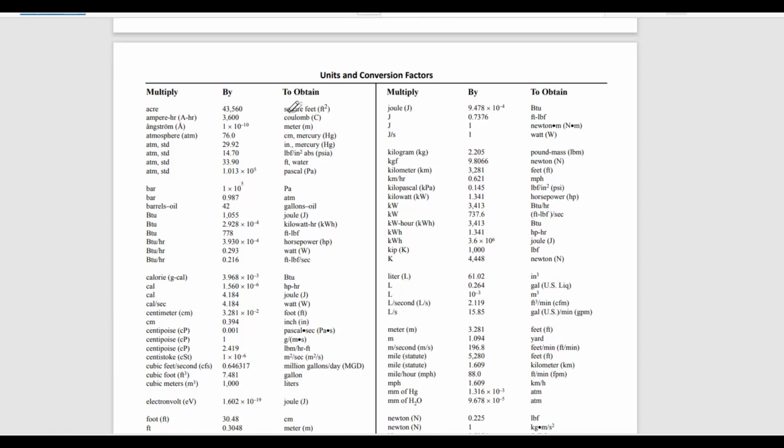In our case, we have square feet and we need to obtain acres. So we're going to take the square feet and divide by this number to obtain acres. So 3,470,000, okay, divided by 43,560.